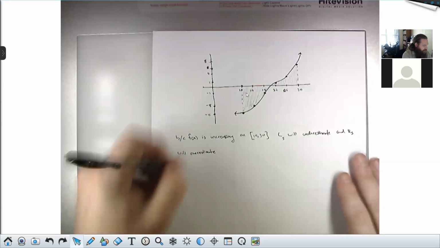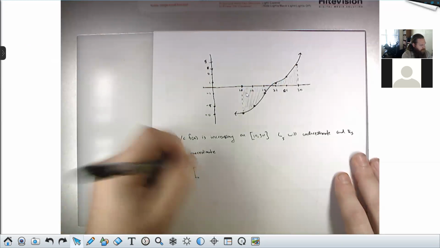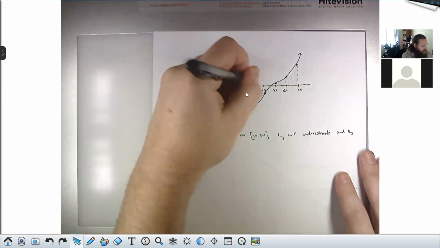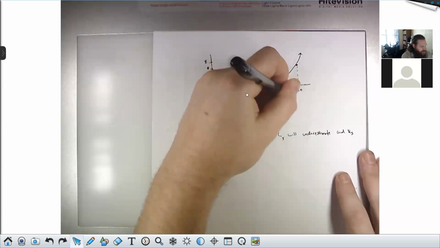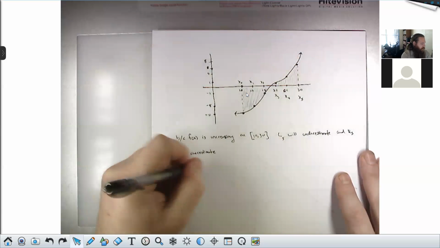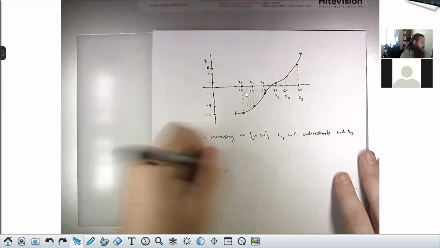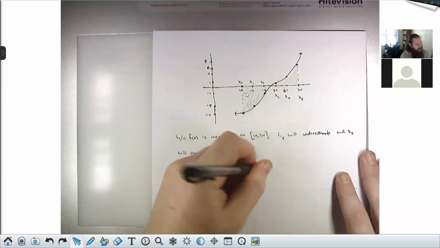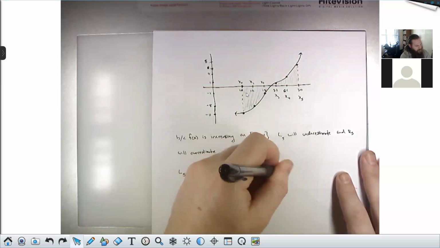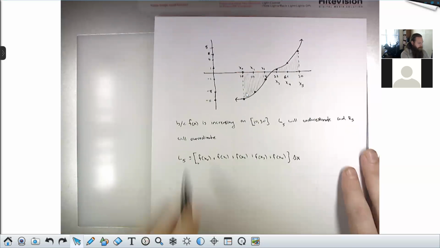So L5 would be like this: x0, x1, x2, x3, x4, and x5. So L5 would be f of x0 plus f of x1 plus f of x2 plus f of x3 plus f of x4, all times delta x. And this will be an underestimate, right? Right, because we're increasing.